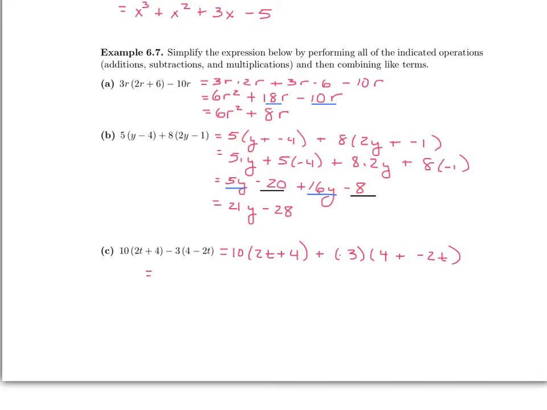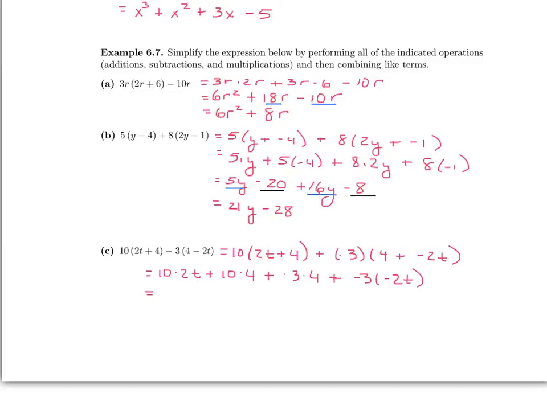Okay, now let's use the distributive property. 10 times 2t plus 10 times 4 plus negative 3 times 4 plus negative 3 times negative 2t.